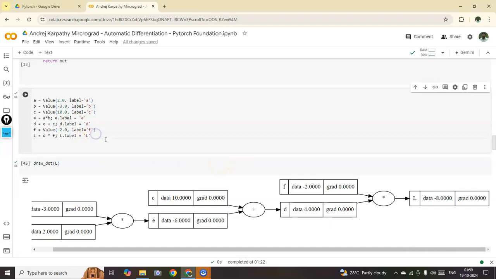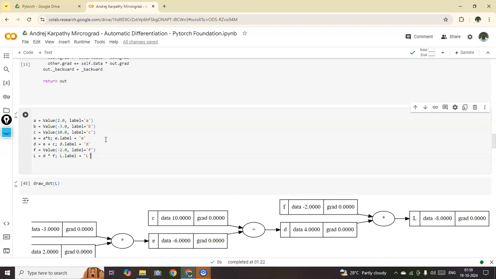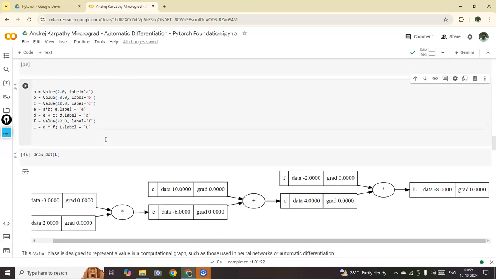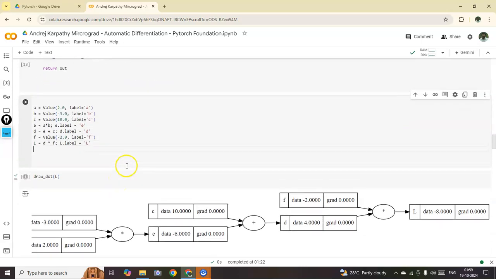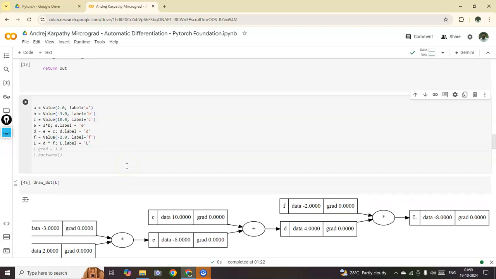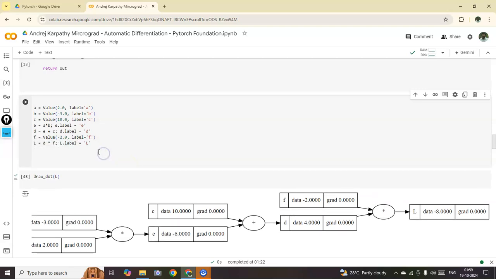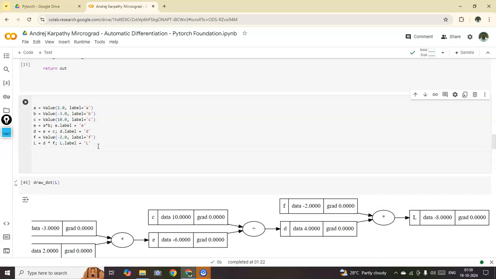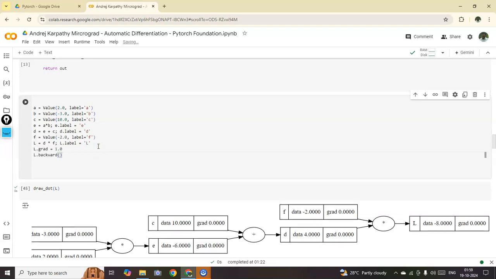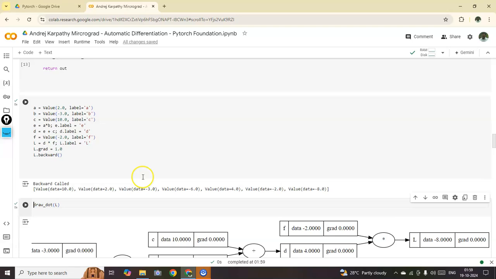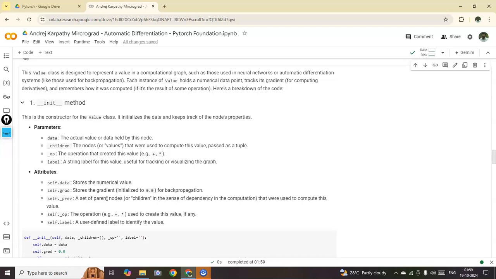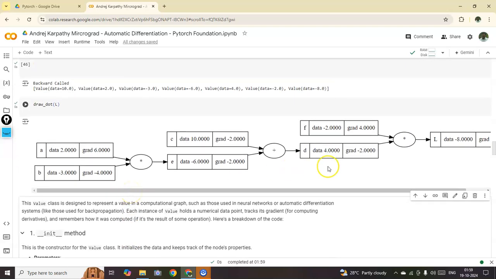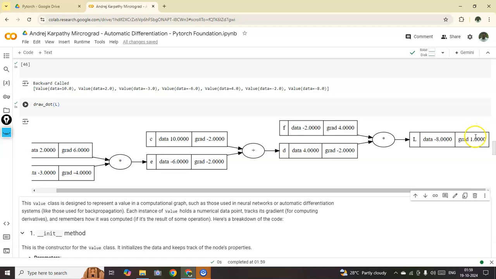Next we will do some quick calculation. Already we have calculated and everything is implemented. Run the cell with shift enter, and you see the gradient is calculated.